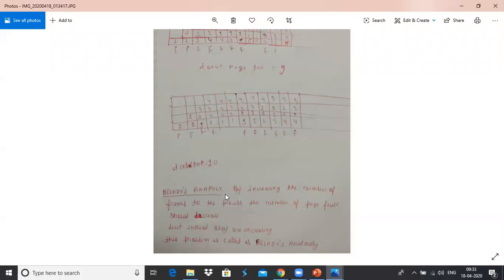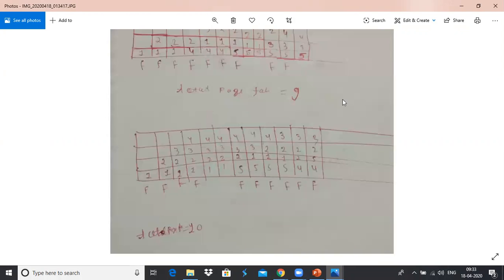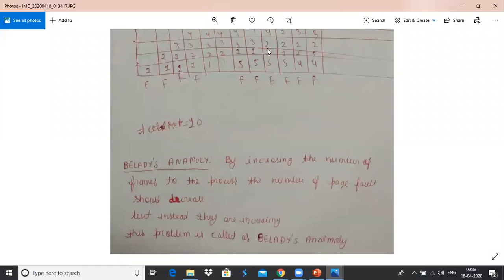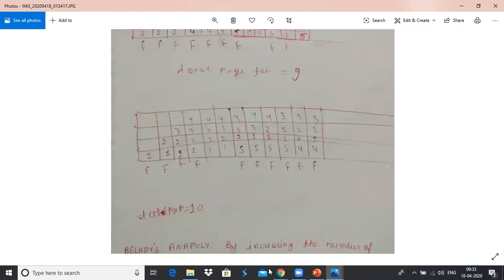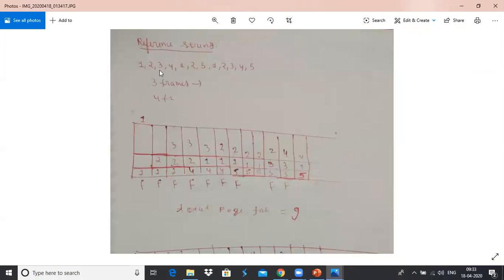This problem is known as Belady's anomaly. It is called Belady's anomaly because you can see that you are applying the FIFO page replacement algorithm on the given string.